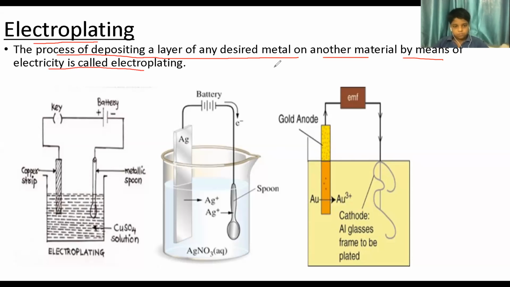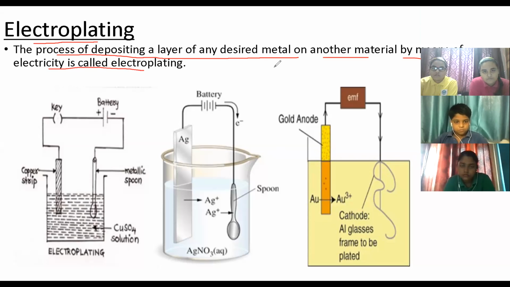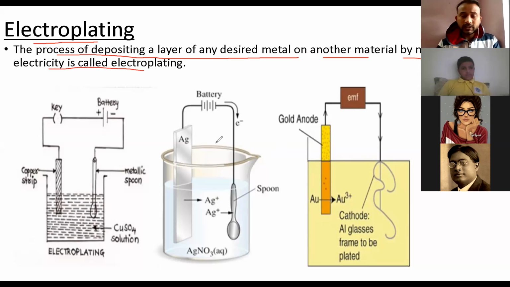Okay, they are actually cheap and they are used for temporary purpose, means for any function, if we need, then we can use that one. So that is plating of gold done over any cheap material, for example, on aluminium or on copper or something else. That is done by using electroplating.